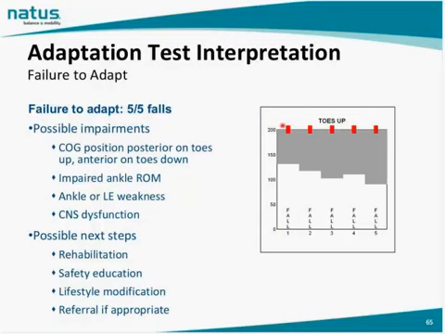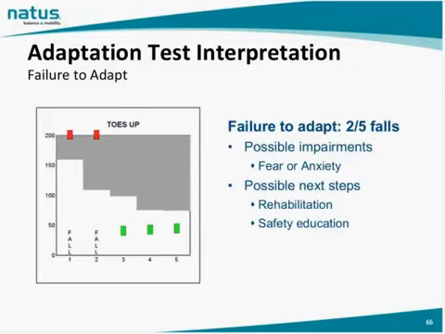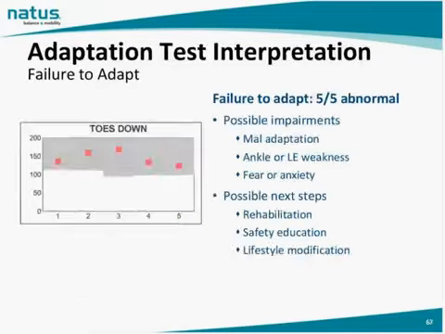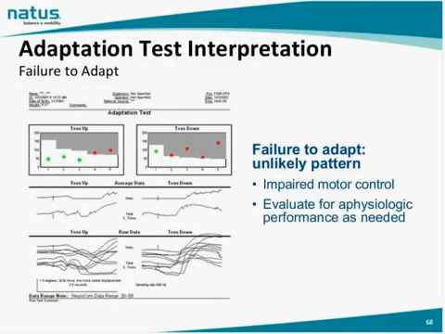If the patient can handle the very fast rotation up, they noticed that, they adjusted for it, but they lacked the peripheral sensitivity to say that the platform was slowly descending back to baseline, and that's when they fell. So in doing these exams, you need to take note of when that patient fell, at the point of the rotation, either toes up or toes down, or at the point of return of the platform back to the baseline.